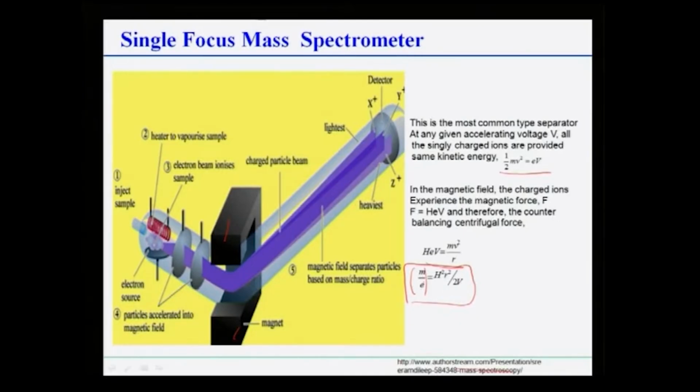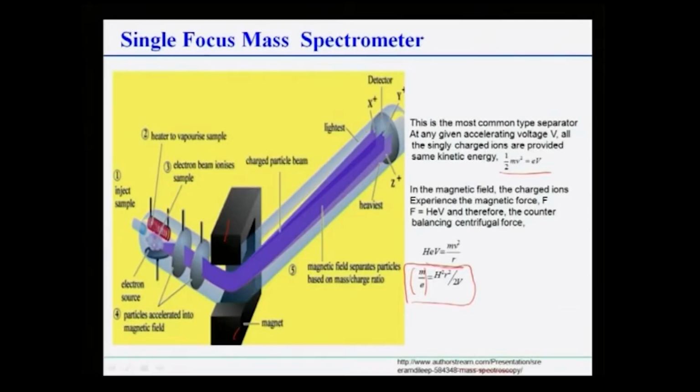As you can see, depending on the different m by e ratio, if you keep H and V constant, r will change. Therefore, lighter ones will come at a smaller r, and heavier ones come at a very large r. That is how you can differentiate between different charged species with different m by e ratios.